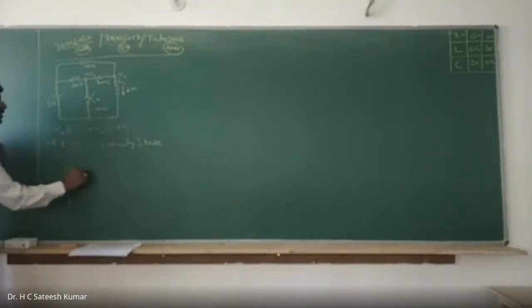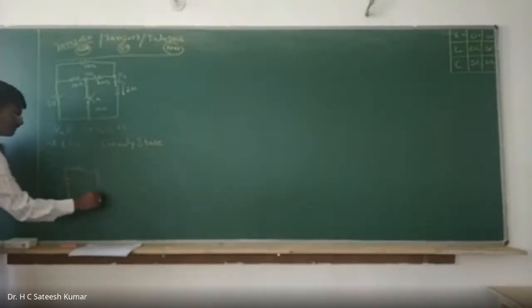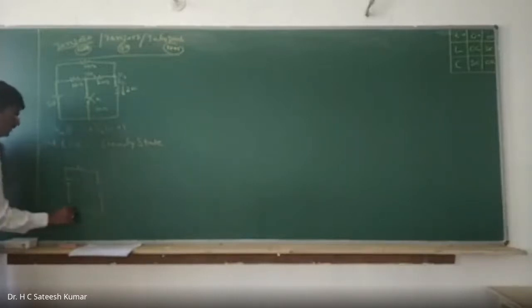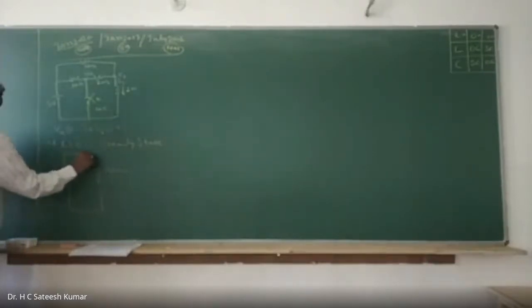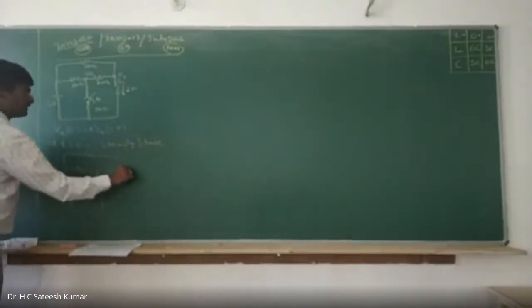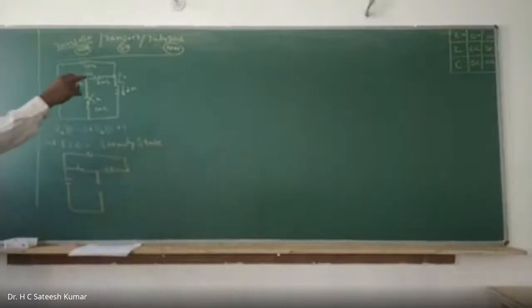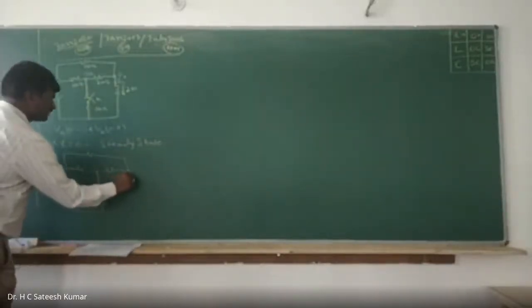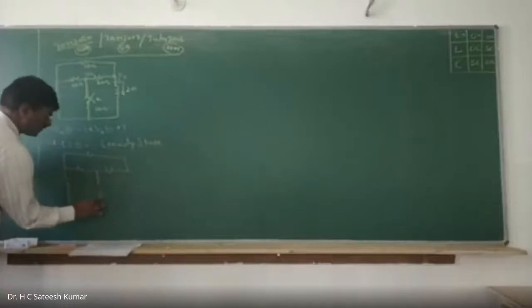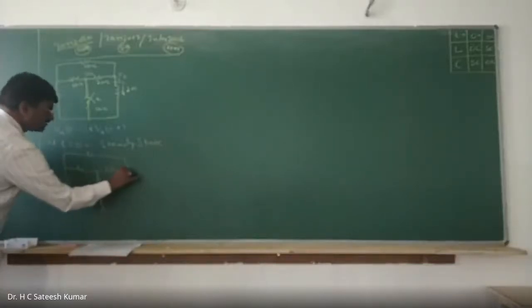So now the switch position is what? Open. I kept it as open, and the resistor, and this one, what is this? Inductance. Inductance is short circuited, as said, under steady state. So this is short, sorry, here we have one resistor, doesn't matter.